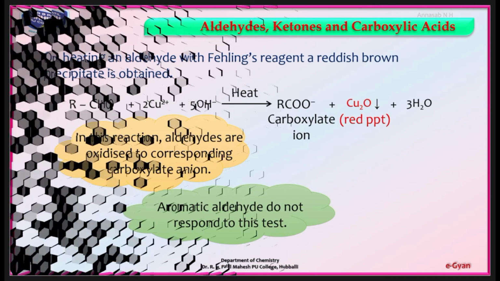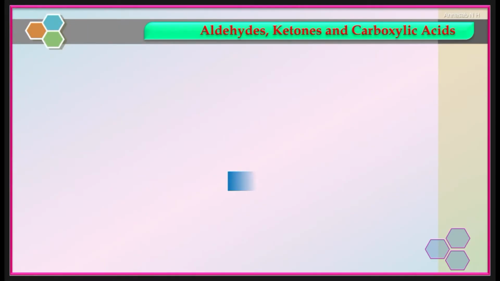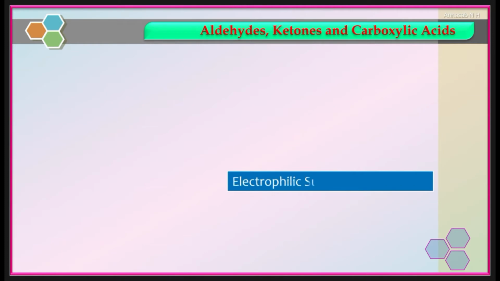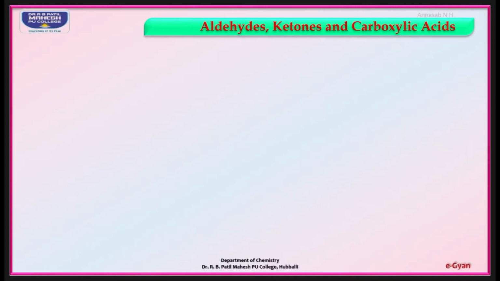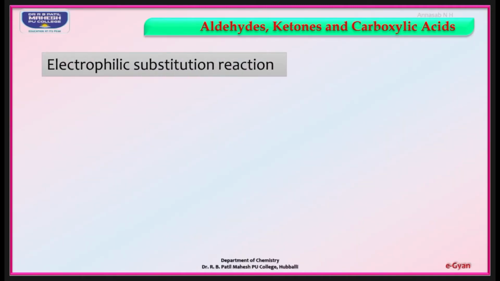Moving further, next part of video lecture, electrophilic substitution reactions and also uses of aldehydes and ketones. Dear students, please remember, electrophilic substitution reaction means the reaction is going to happen for aromatic compounds where there must be the presence of benzene ring.